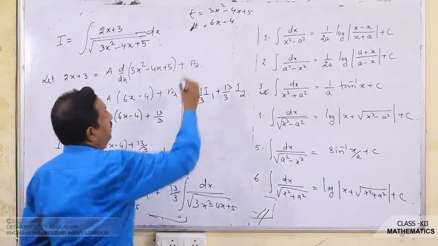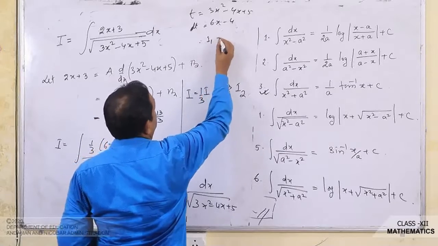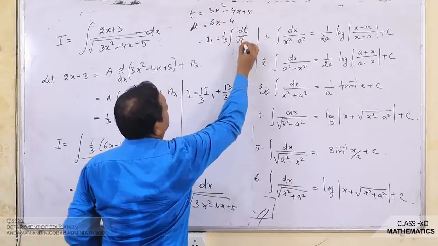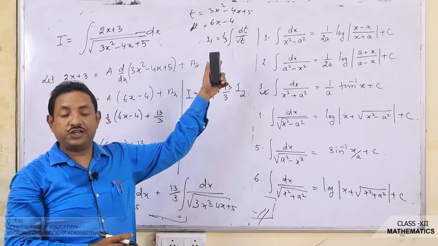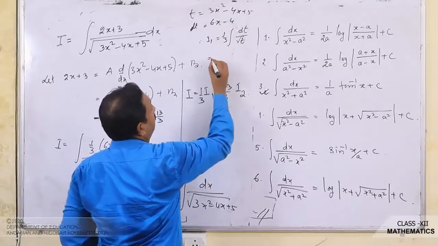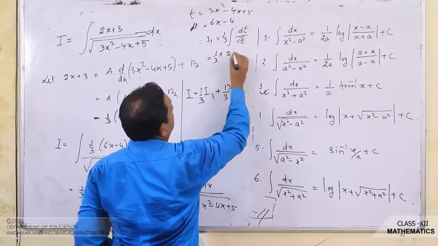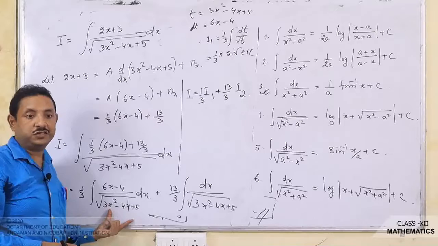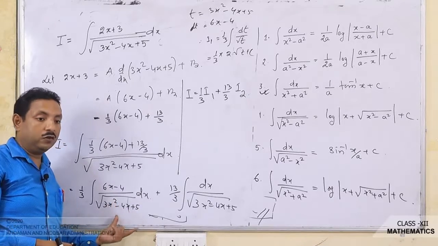So, if you replace, your I1 will be 1 by 3 times dt upon root t only, and we know that integration of root t is 2 times root t plus c. Very simply you can finish it, even no need to follow the full steps.